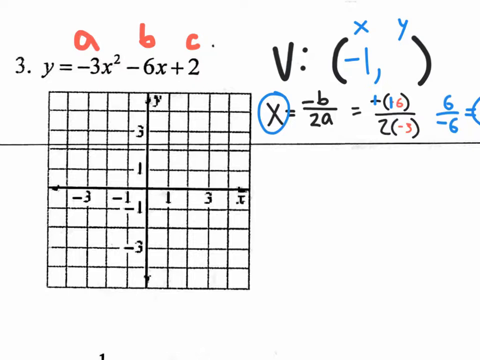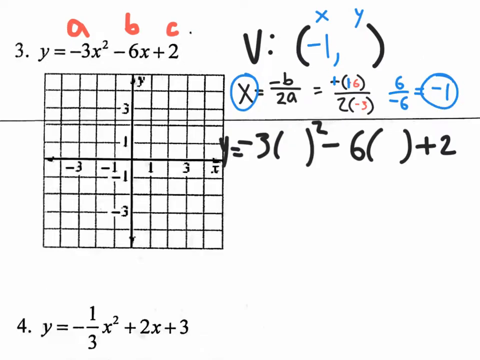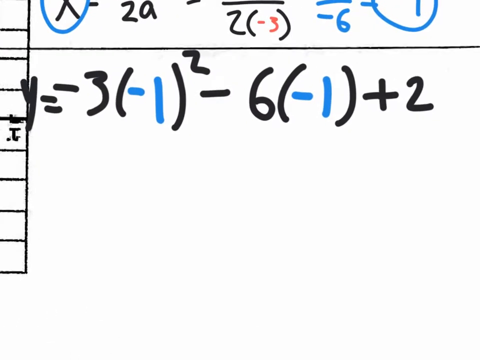So what I'm going to do is rewrite this function down here, but instead of x's, I'm going to put parentheses. Now let me plug in my x value of -1 right in there. So in order to find the y, I plug it in and I work it out. Let me zoom in so we could actually work this out. Let's start with exponents. -1 squared, what is that?